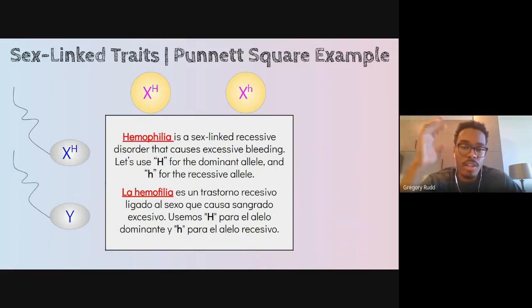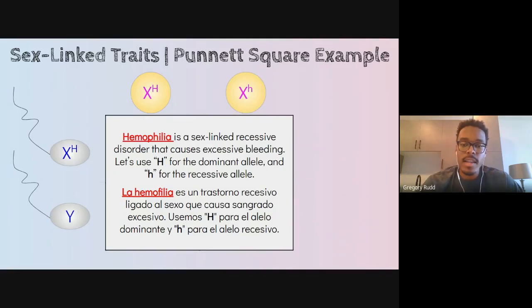So this is a very dangerous disorder because it just means that your blood isn't clotting as well as it should be, and you're much more susceptible to losing quite a bit of blood with even small injuries. So not good stuff. But we're going to use it to practice here. And I'm going to use a capital H to indicate the dominant allele, and I'm going to use a lowercase h to indicate a recessive allele.